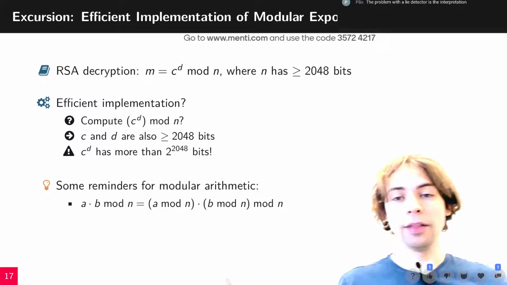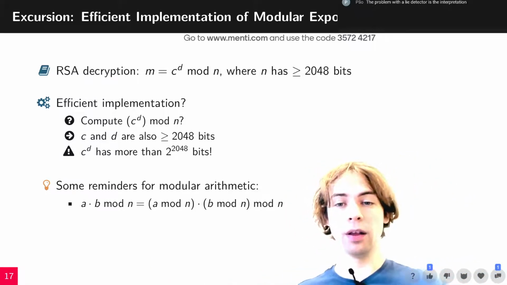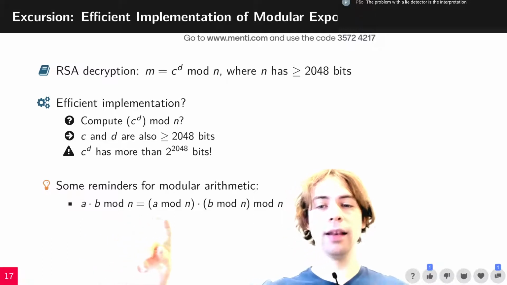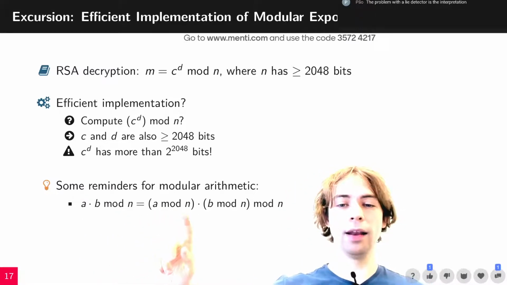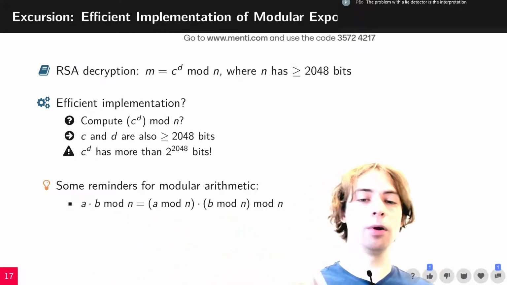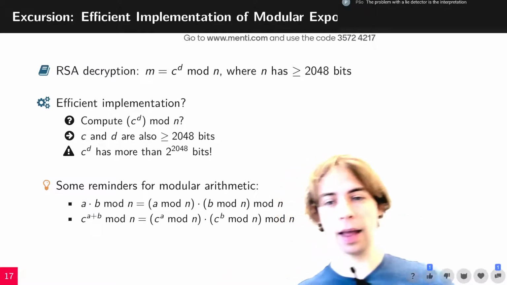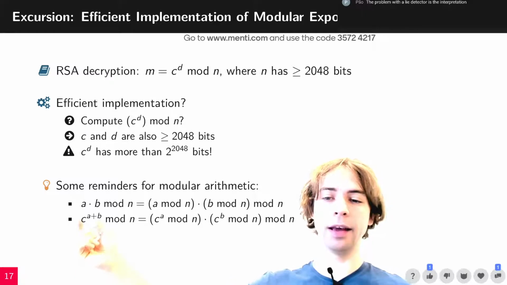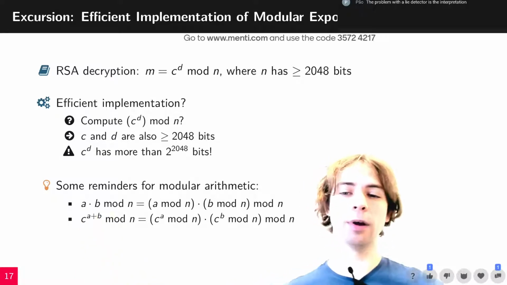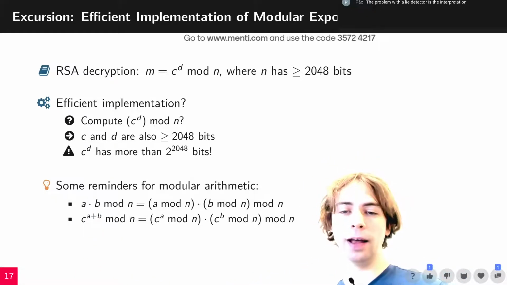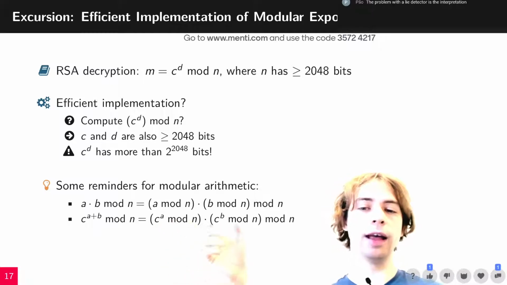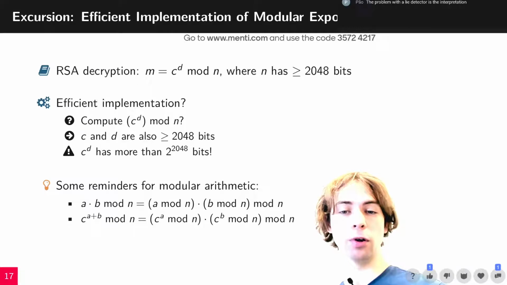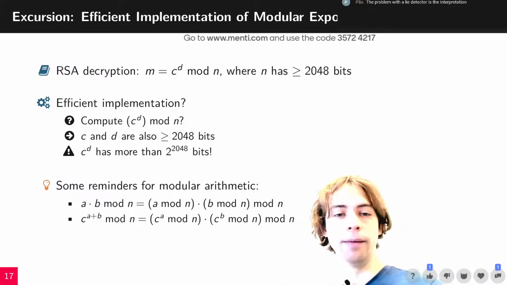Just for the modular arithmetic that we are using here, if you compute a times b modulo n, that's the same as a modulo n times b modulo n. And then if you use the same logic with exponentiation, c to the power of a plus b modulo n is then c to the power of a modulo n times c to the power of b modulo n, and that modulo n.